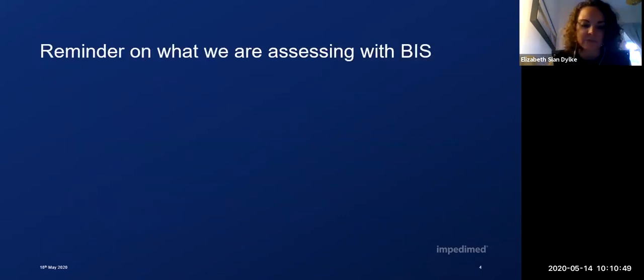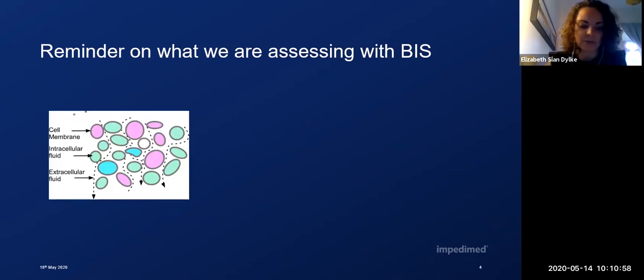But to set up our discussions for the rest of the presentation, I think it's good to have a quick reminder of what we're using bioimpedance to do in the assessment of lymphedema. For patients with or at risk for lymphedema, we're using bioimpedance to assess the volume or quantity of extracellular fluid in the region of interest. We do this by passing a harmless low-level current through the tissue between electrodes.